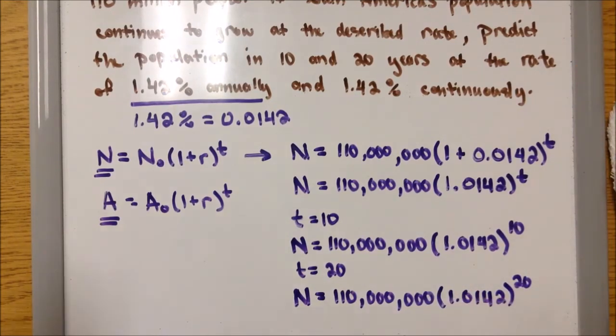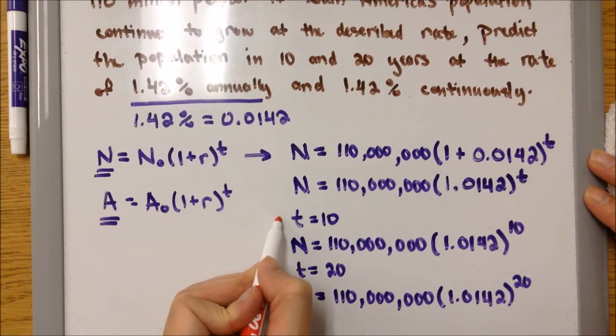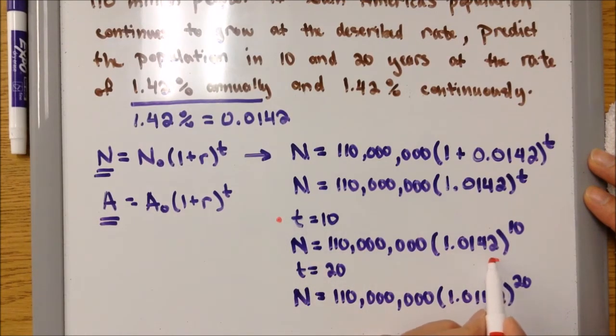So that's what you would put as your formula. Again, the key work is you set up the formula correctly. So for 10 years, or t equals 10, this is the formula you would write down, or set up actually. When t is 20 years, this is the formula you would use.